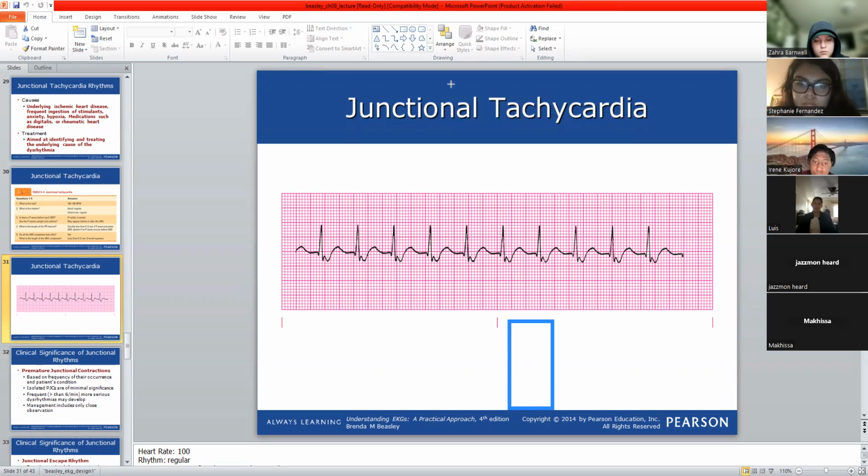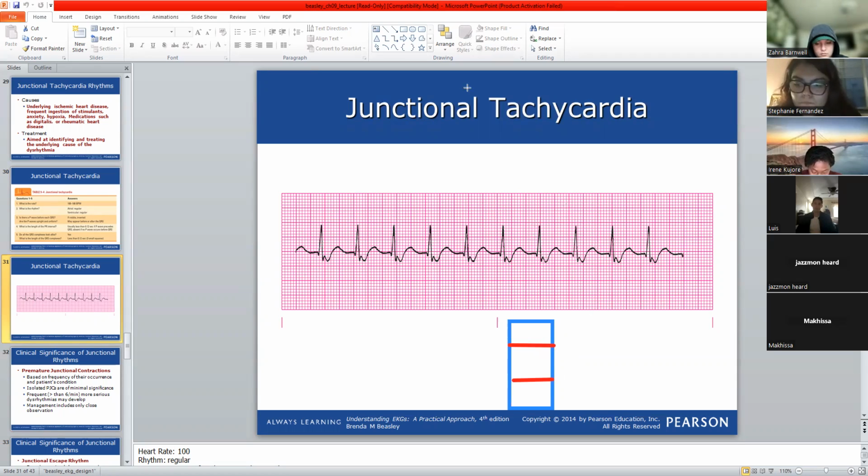The AV node looks like this. It is going to be subdivided into 3 portions: upper third, middle third, and lower third. Actually, this is in advance of your knowledge, but you have to understand it for understanding this.